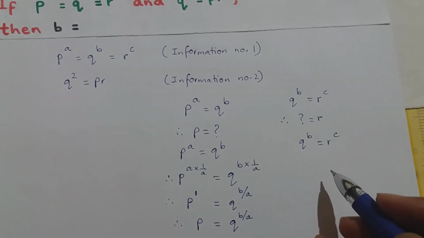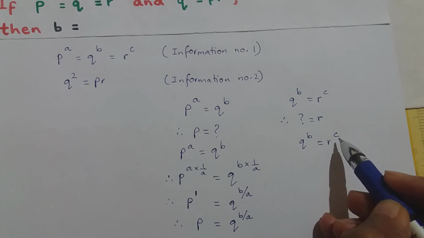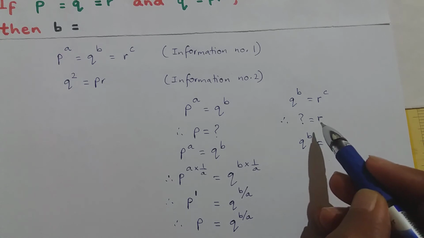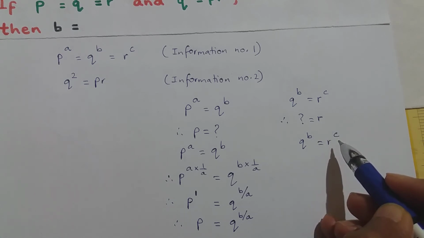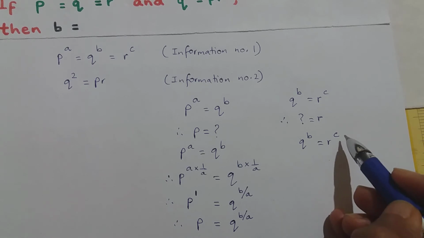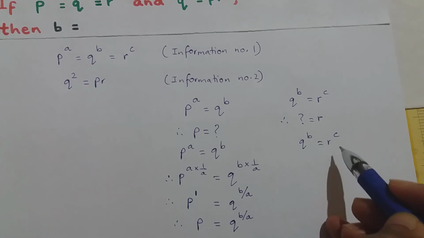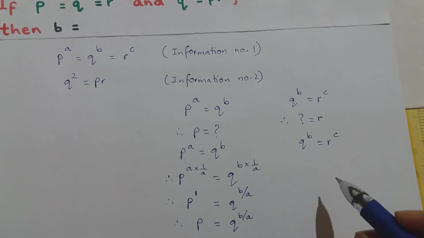Now we have r to the power c, and I want to get r. So in order to get r from r to the power c, I will multiply this power with 1 by c.